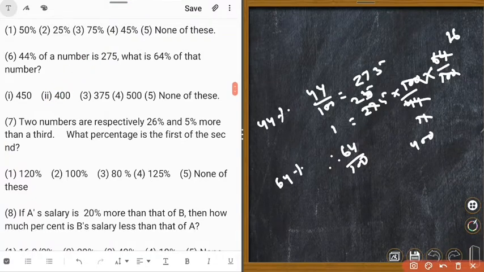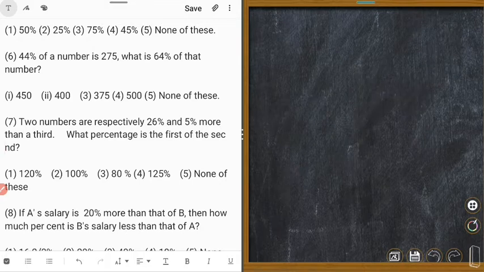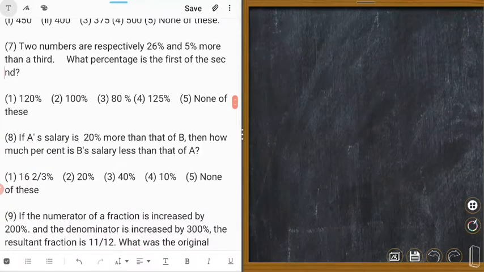Okay, so number 2. Next, two numbers are respectively 26% and 5% more than a third.